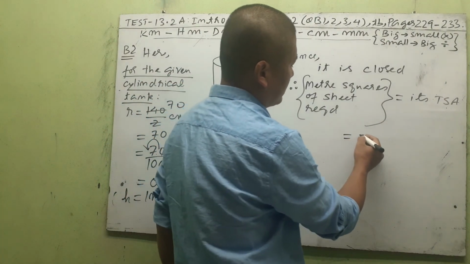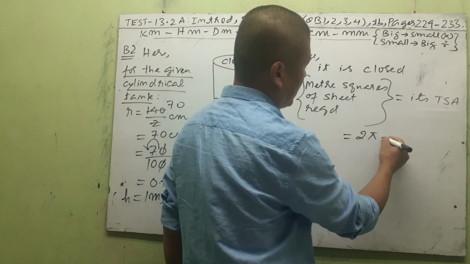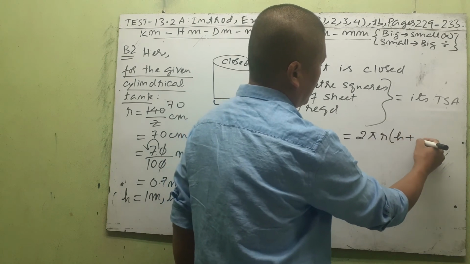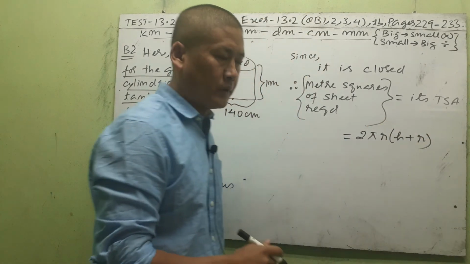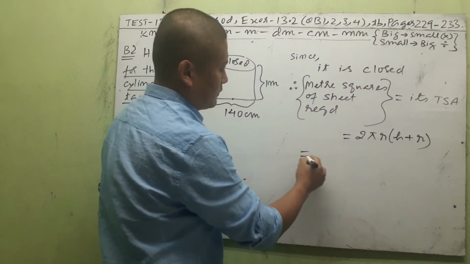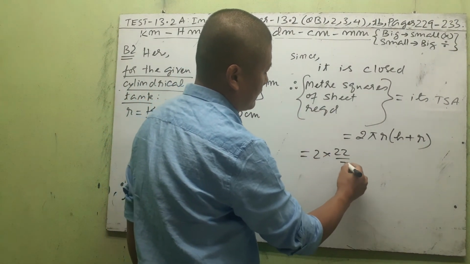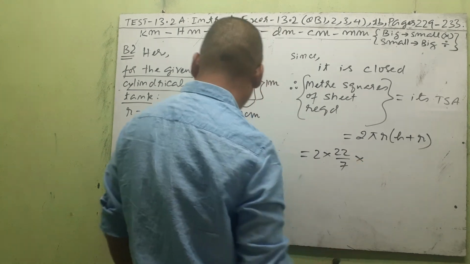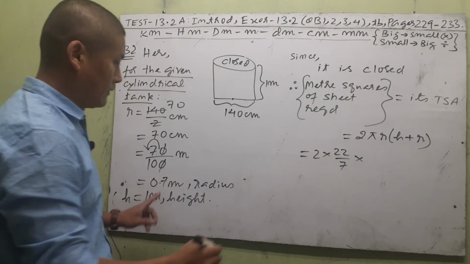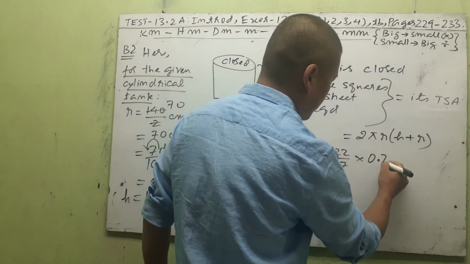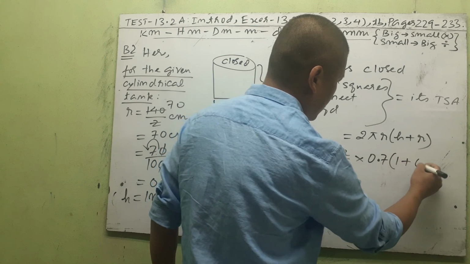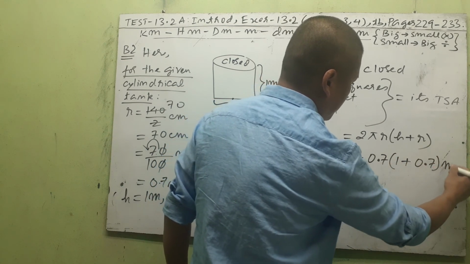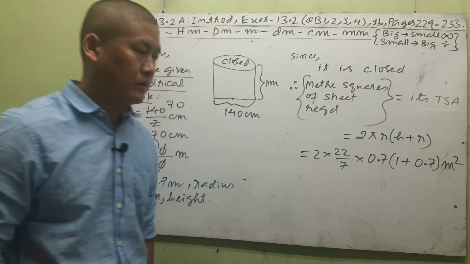So we know the total surface area formula is 2 pi r into h plus r. We learned this a moment ago. So they'll give you 22 by 7 for pi, so 2 into 22 by 7. R here, as you can see, is 0.7 meter. So we write 0.7. H is 1 and R is 0.7. Area means we can just put meter square at the back.